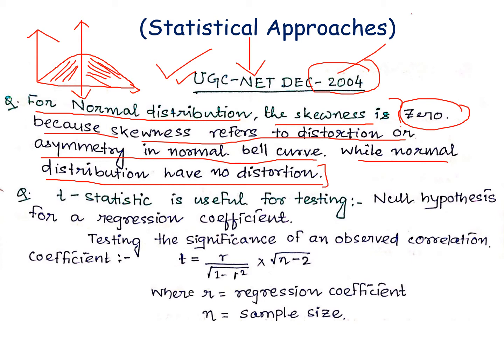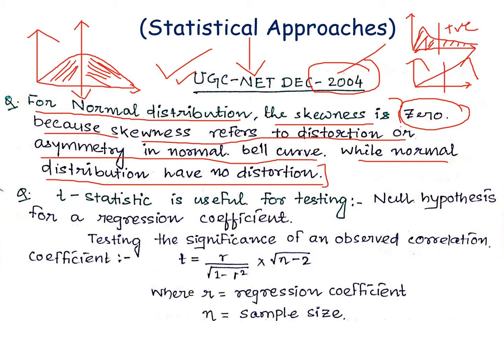While if we move to the skewed distribution curves, like this, that is positively skewed, and like this, that is negatively skewed, you can see that from the middle the left hand side has a higher area as compared to the right hand side in the positively skewed distribution.